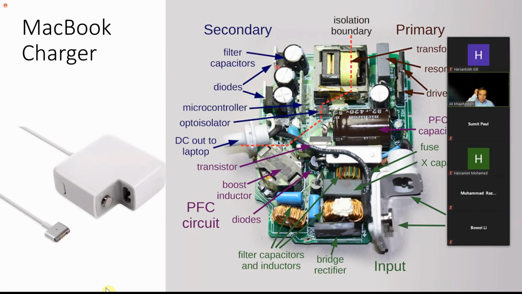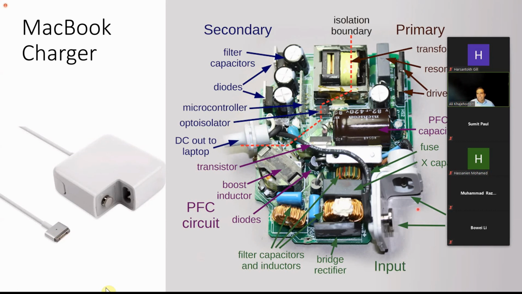you have another stage to convert whatever voltage you get at the output of the PFC to AC and pass it through the transformer, and in the transformer you can convert it to any voltage level that you have. Probably this is a resonant type converter they've used here, and then the output will go to DC, and it will be going through this to your computer.